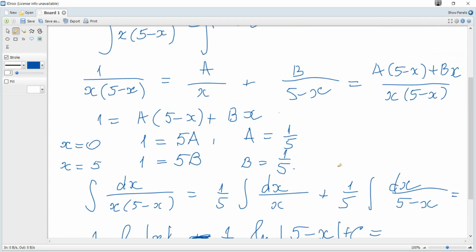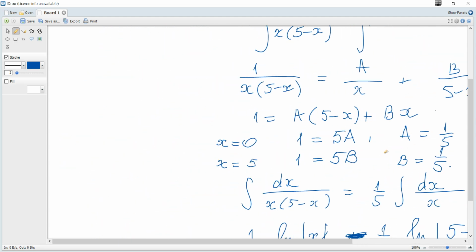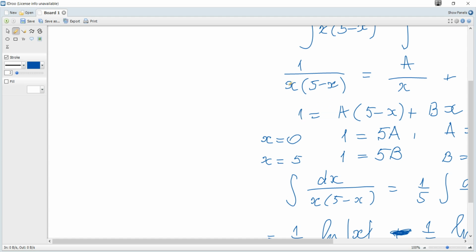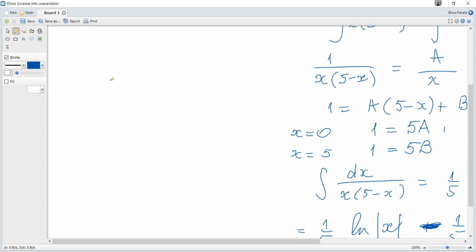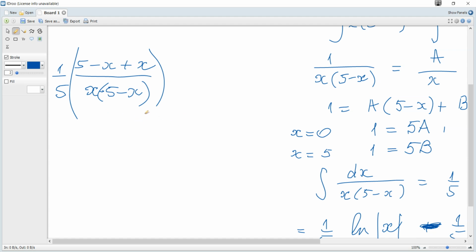And actually, there is another way to get these partial fractions. We can multiply by 5 the numerator and denominator, x times 5 minus x, and subtract and add x. You can see that it's absolutely the same, and let 1 over 5 be in front.